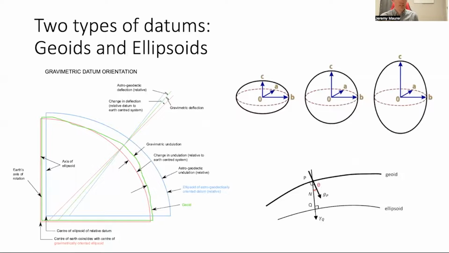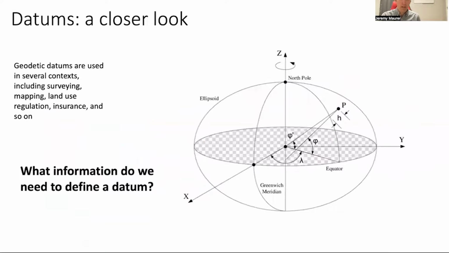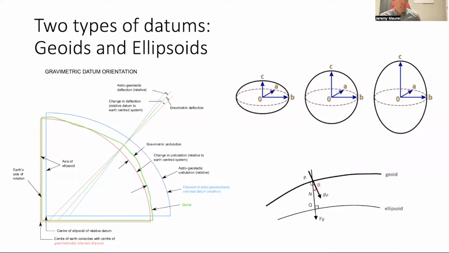So we have two different fundamental types of datums. Both of them are going to be approximately an ellipsoid, approximately the shape of the Earth, but they're slightly different. One type of datum is an actual ellipsoid, and you can see examples of different types of ellipsoids here.